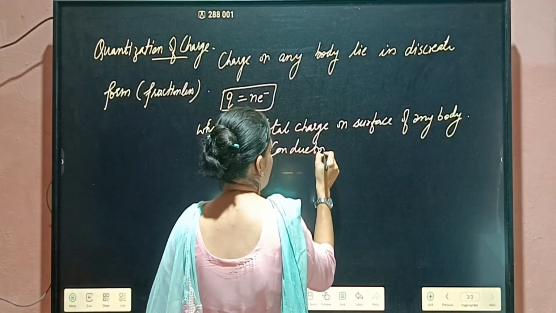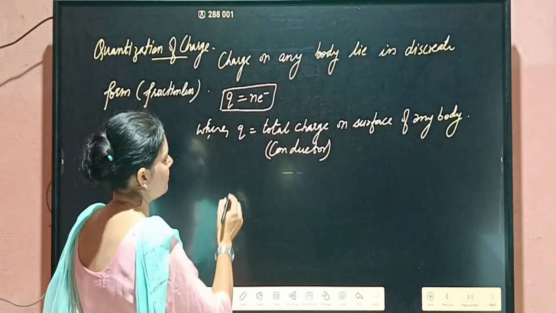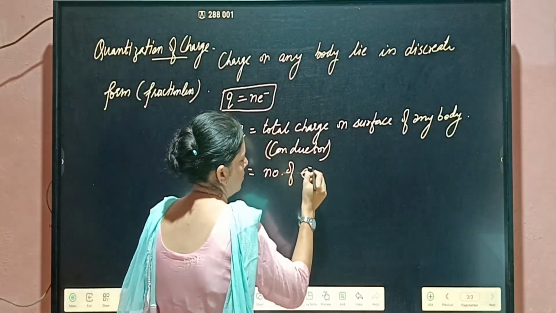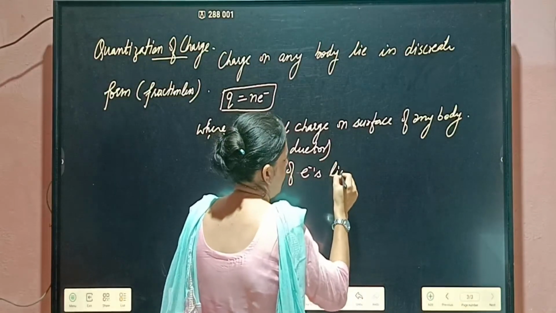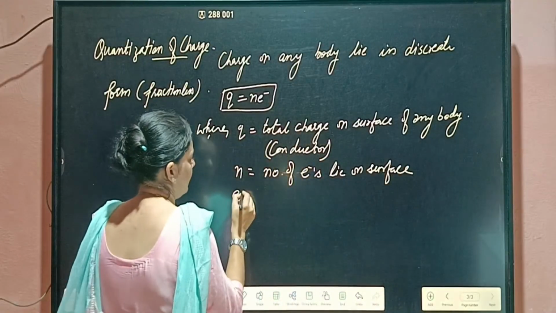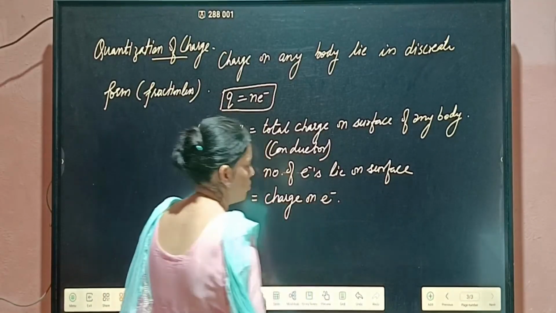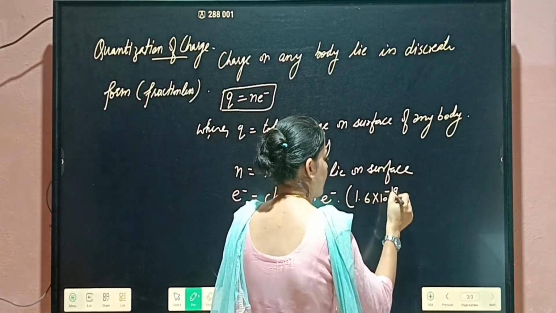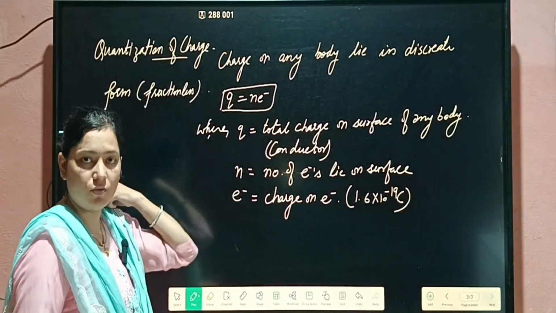To find out the total charge on any surface, we will write Q equal to n e. n is the number of charged particles, number of electrons lying on the surface, and e is the charge on an electron. Its value is 1.6 into 10 raised to power minus 19 coulomb. So it is the charge on one electron.